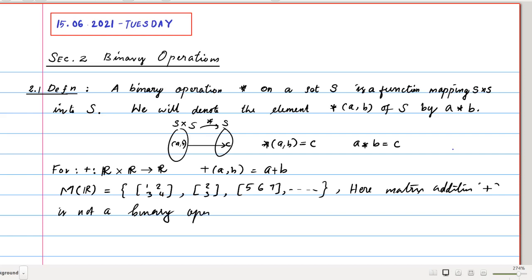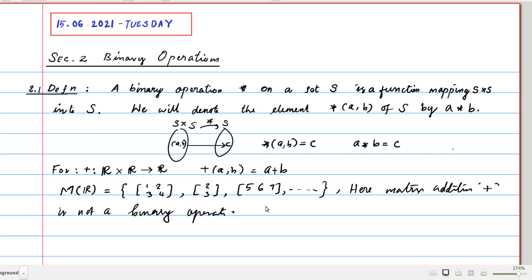Okay, because we cannot add these two elements, because in order to add two matrices, those matrices should be of the same order. So here this M of R, the set of all matrices over R, consists of matrices of different orders.